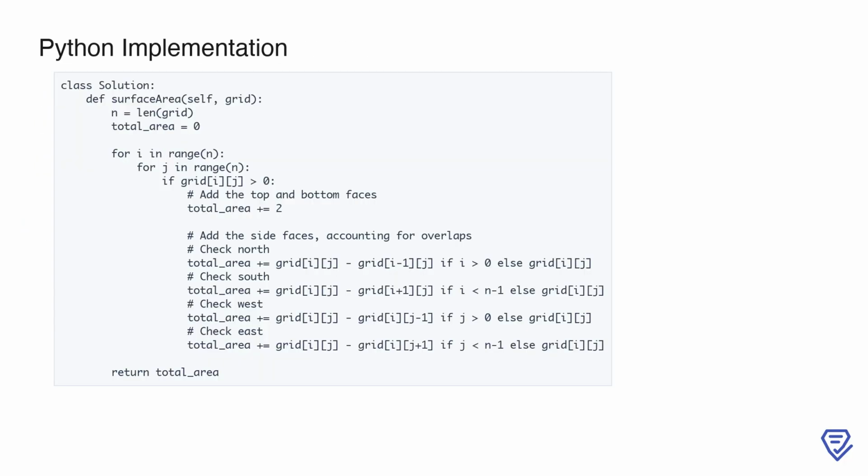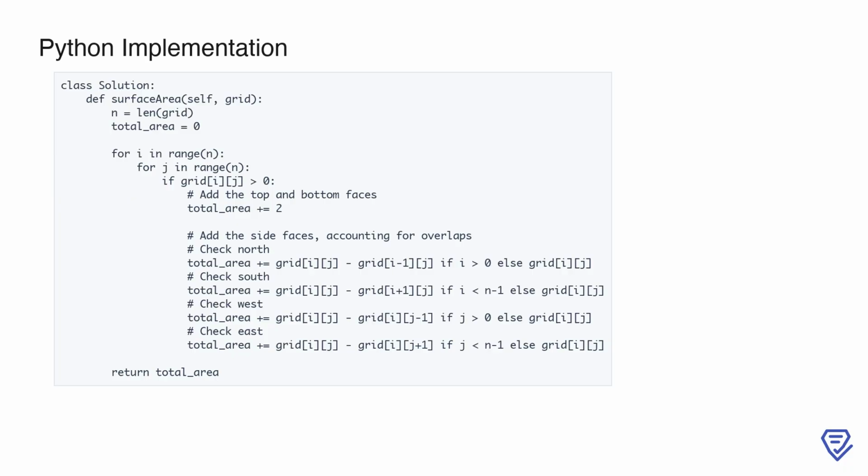This solution calculates the surface area of 3D shapes represented as a grid. The surface area function iterates through each cell in the grid. If the cell's value, the height, is greater than 0, it performs the following calculations. 1. Adds the top and bottom faces, 2 units of area. 2. Computes the side faces while accounting for overlaps.